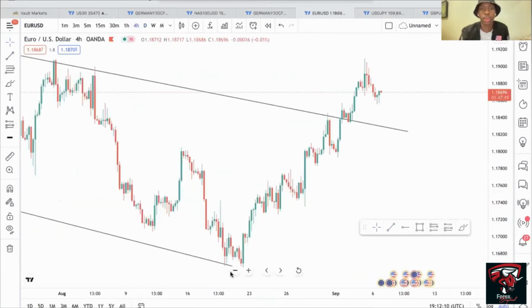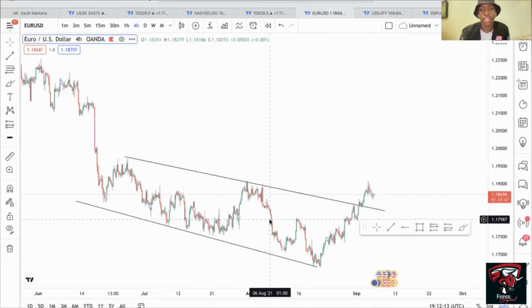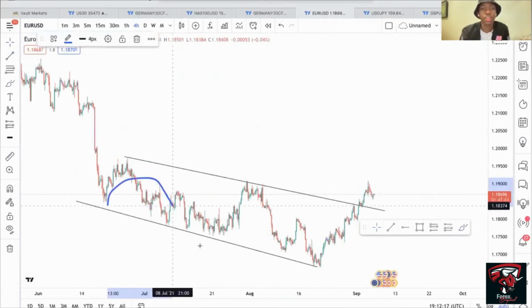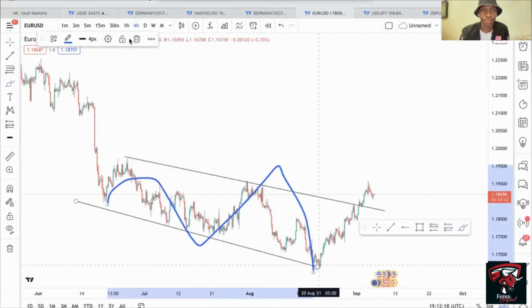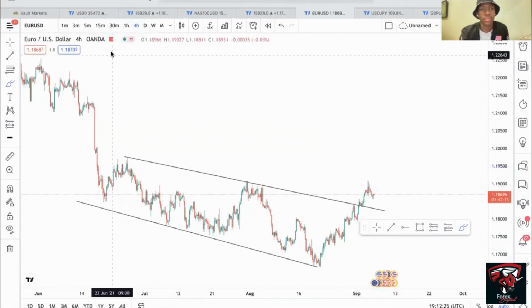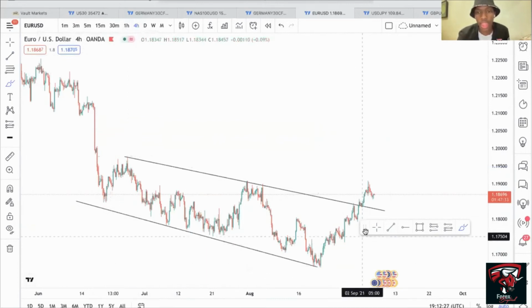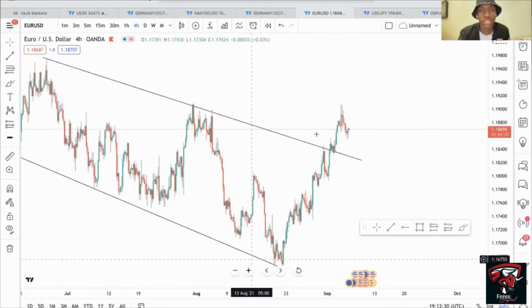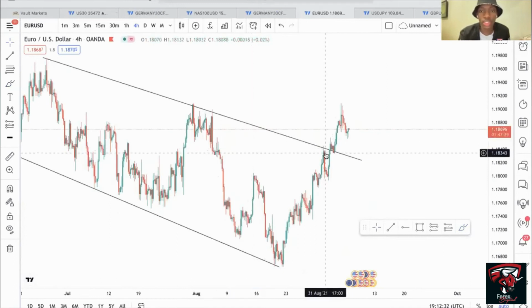So, guys, starting my lesson on the daily time frame, I can see that EUR/USD was moving in this channel over here. Using our strategy, we would have been anticipating a sell over here. Yes, we did sell off, but it wasn't as powerful.